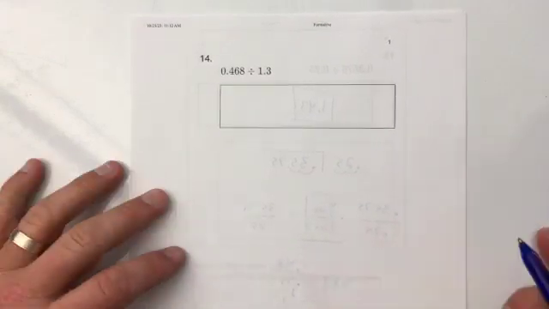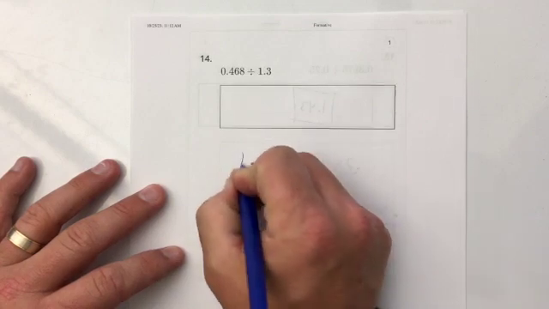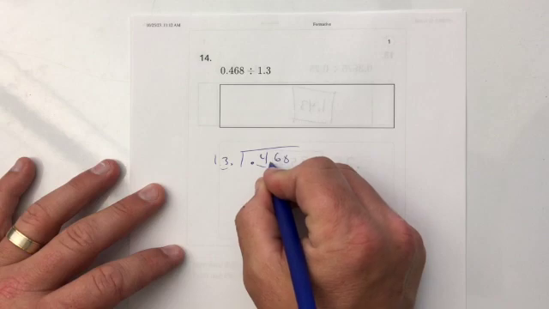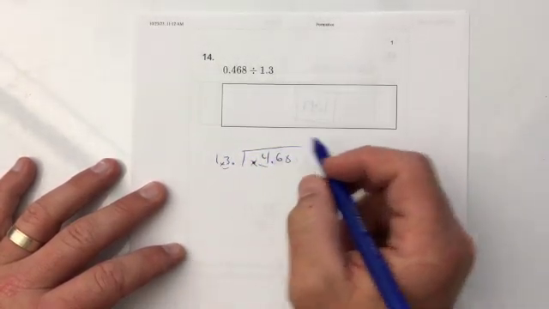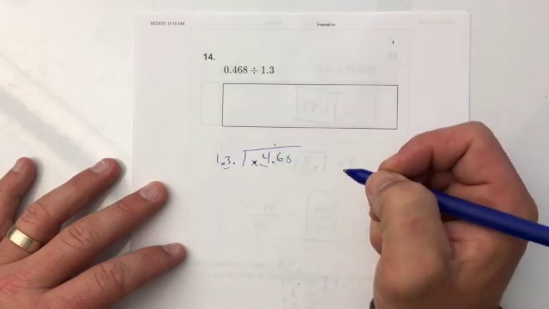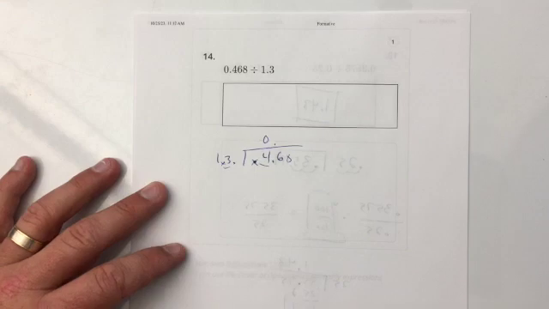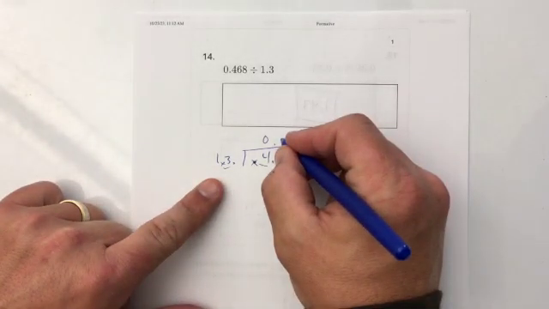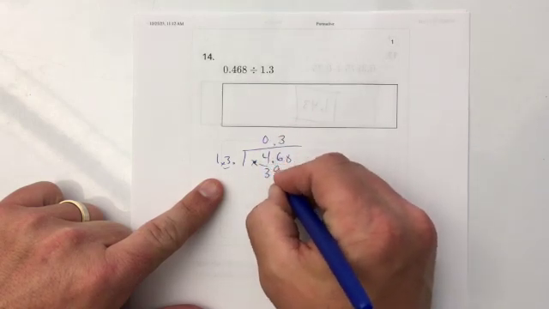0.468 divided by 1.3. Again, 0.468 goes in the house, 1.3 outside the house. I'm going to make this 4.68 divided by 13. Decimal goes there. 13 does not go into 4, so we got 0. 13 goes into 46 3 times. 3 times 13 is 39.